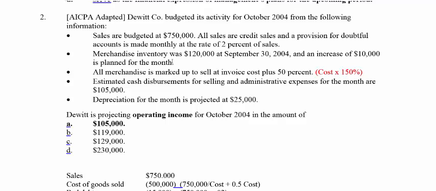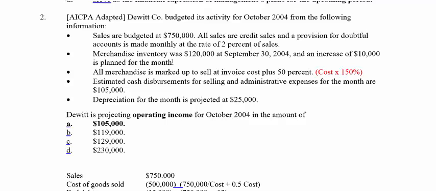Merchandise inventory, which is an asset account, has a balance of $120,000 at September 30th, 2004, and an increase of $10,000 is planned for the month. We can consider that little tidbit TMI, too much information. We do not need that. That is an asset account, so we're not going to worry about it.